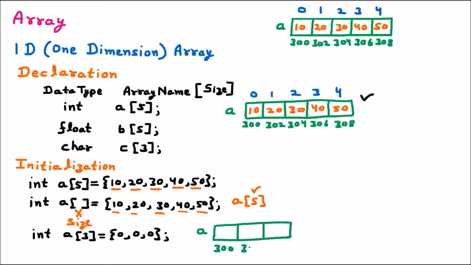So next will be 302 because integer is 2 bytes, we are assuming. Then afterward 304. So here these are the 3 memories. Then we know that they can be accessed using the index values 0, 1 and 2. Inside that, we are going to provide 0, then 0, then 0. So all the 3 zeros will come here. This is the normal initialization.